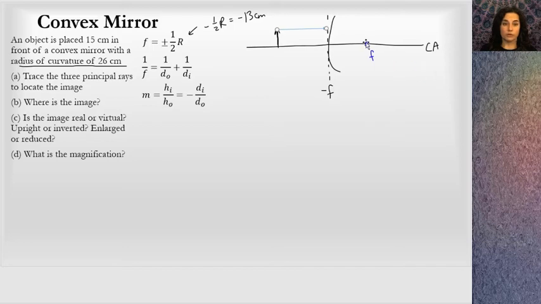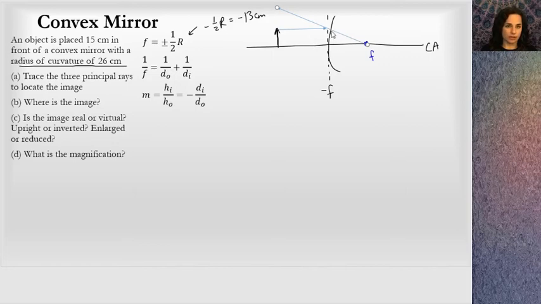So I'm going to draw another ray in here that goes out from the focus, and that ray goes in this direction. Okay, so I'll line it up a little bit here. So that's the first ray. It goes in parallel and goes out through the focus. I would draw behind the mirror here. I would draw this as a dotted line here.